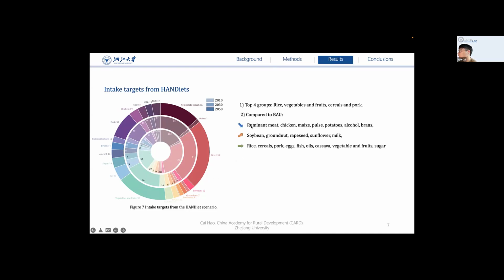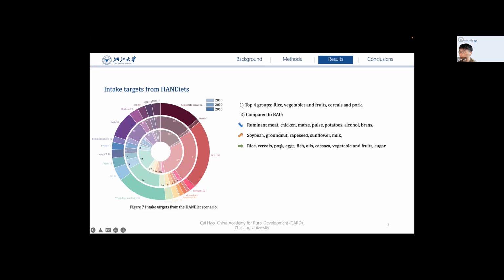The top four food categories recommended are still rice, cereals, vegetables and fruits, and pork, which conforms to the typical Chinese food consumption pattern. Compared in detail with the BAU scenario, intakes of ruminant meat, chicken, maize, etc. are suggested to be reduced. Soybean, groundnut, milk, etc. are suggested to be eaten more for protein and energy requirements.